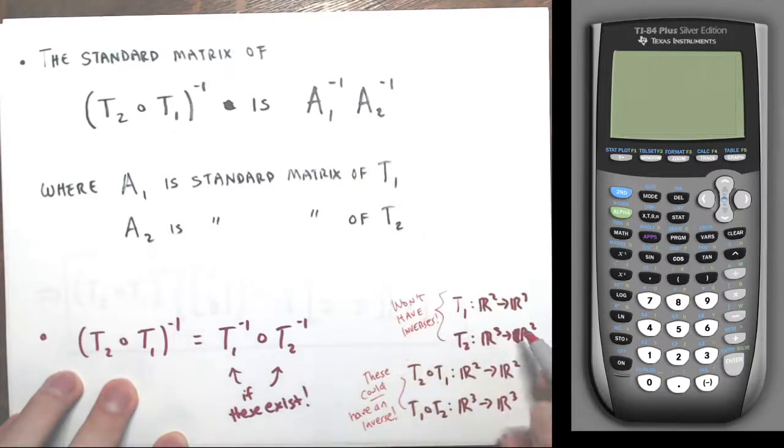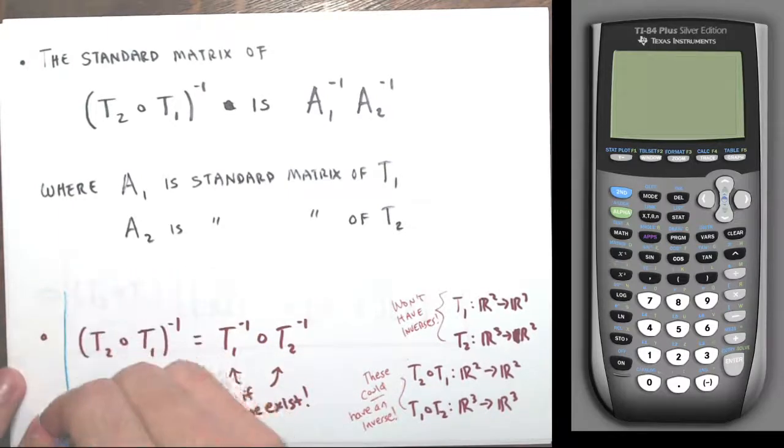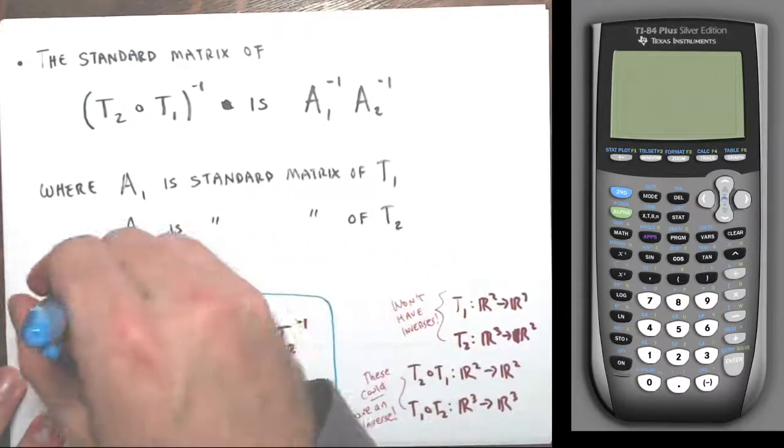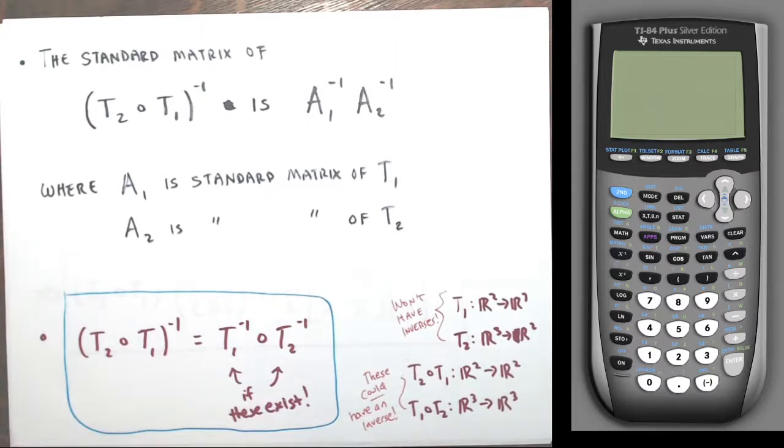They can't because their domains and codomains have different dimensions, 2, 3, 3, 2. So this rule that I'm writing here isn't always true. It's true if T1 and T2 are invertible.